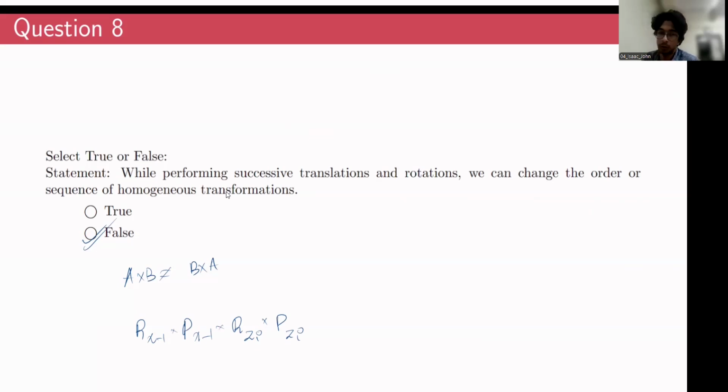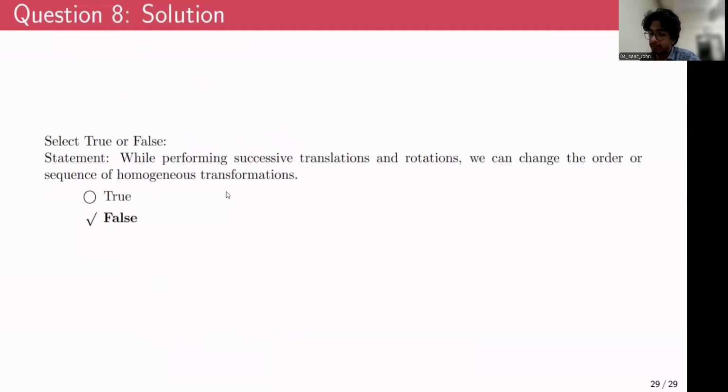You cannot do it in some other order. It'll give you a completely wrong answer. The question says we can change the order of sequence, so that is indeed false.